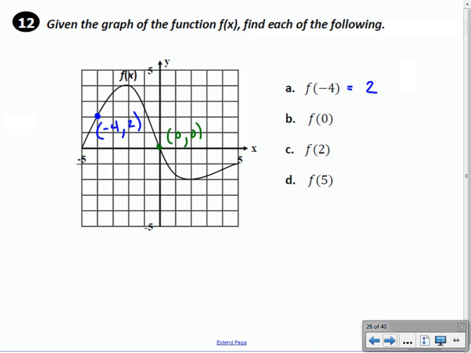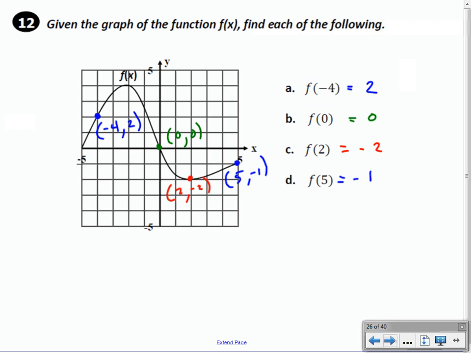This is telling me for this function, when x is 0, y is 0. When x is 2, y is negative 2. And when x is 5, y is negative 1.